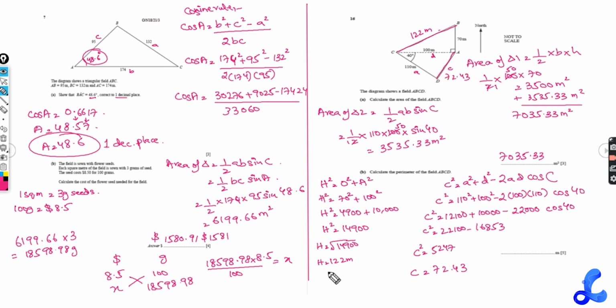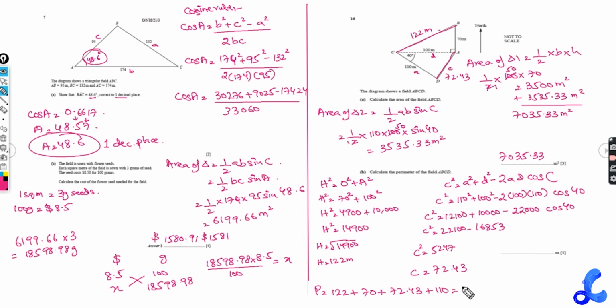Now that you've gotten all the sides, for the perimeter, you will add 122 plus 70 plus 72.43 plus 110. Notice I am not adding 100 meters over here because this is inside the field. So we will not use anything inside the field. The perimeter is the sum of all sides which are outside or exterior, right?